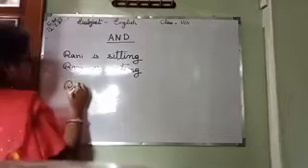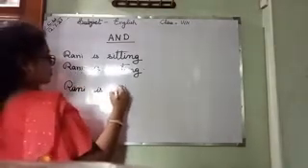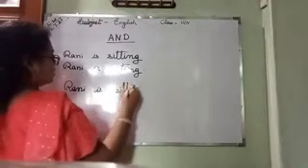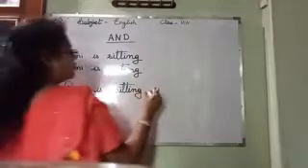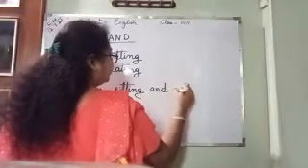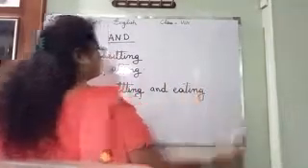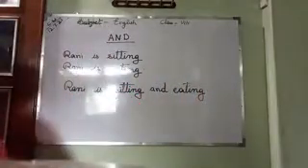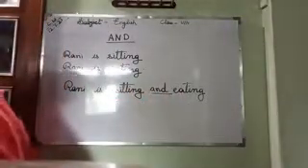Rani is sitting and eating. Okay? Here is and. So what have you understood?